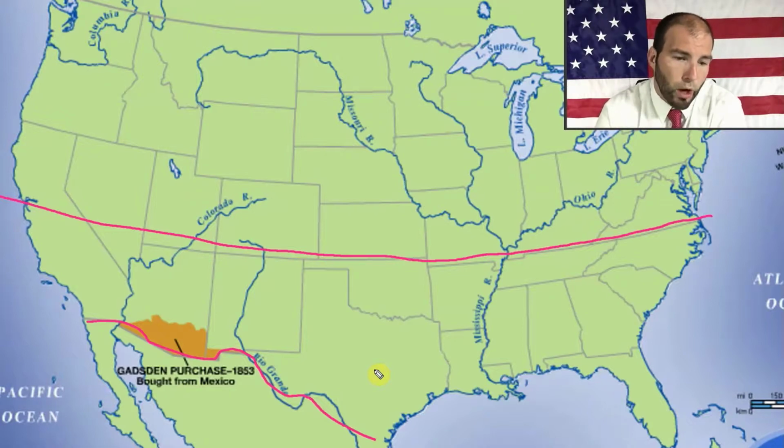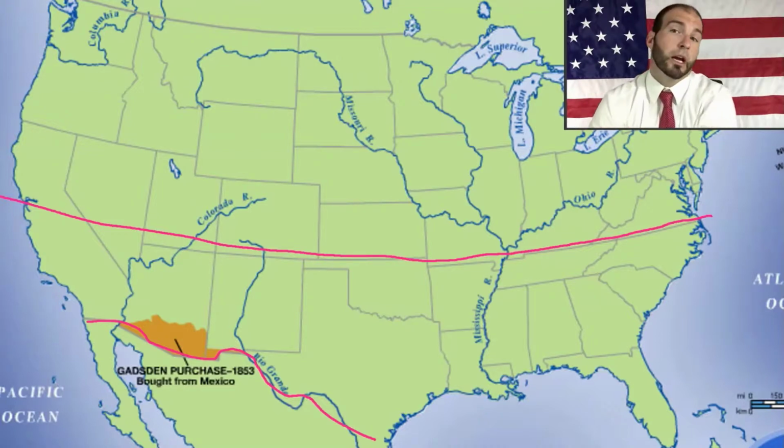So, what the North does, the South shows up at Congress the next day, all right? Knowing the North is going to be furious about this being slave territory. And the South has a document already created called the Wilmot Proviso. And the South is like, hey, North, got a document you might want to sign. And they're like, yeah, what's that?